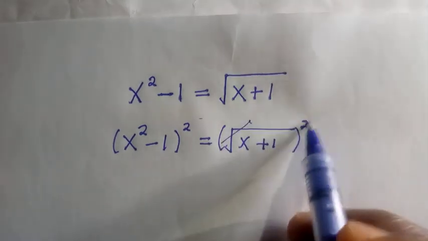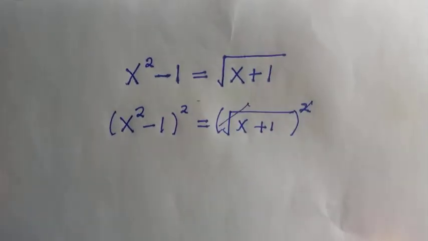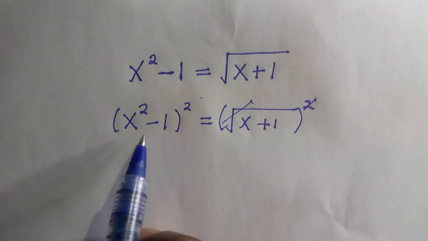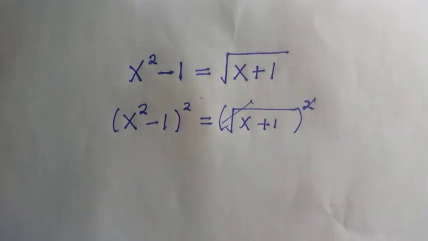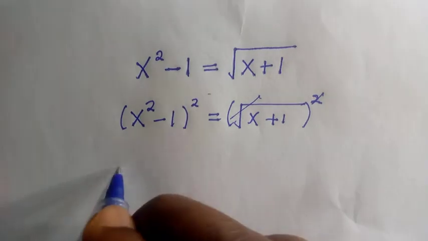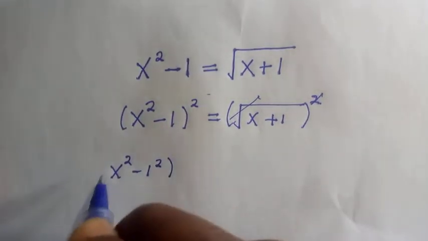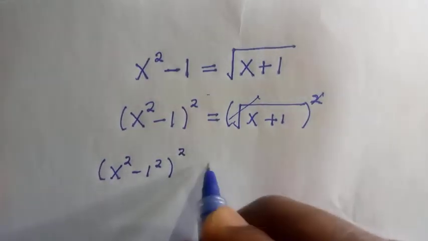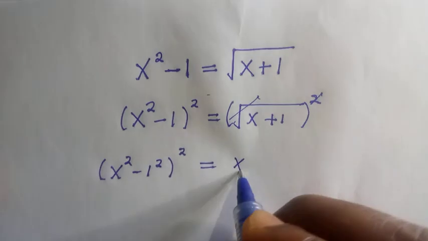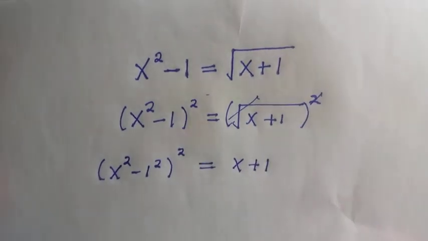So we have this and we are going to cancel square and square root. Then we have (x^2 minus 1)^2 equals x plus 1.